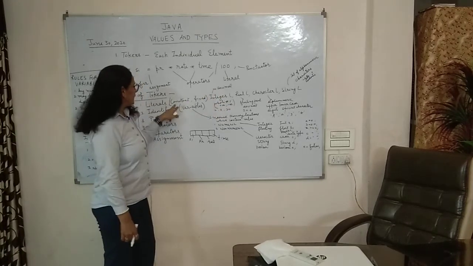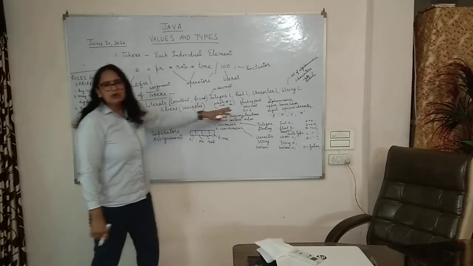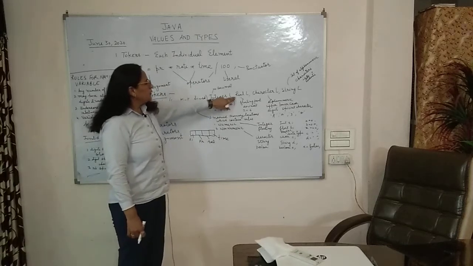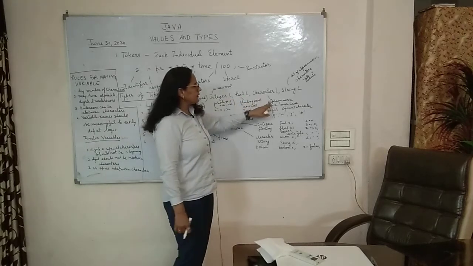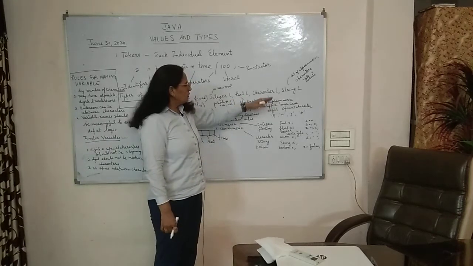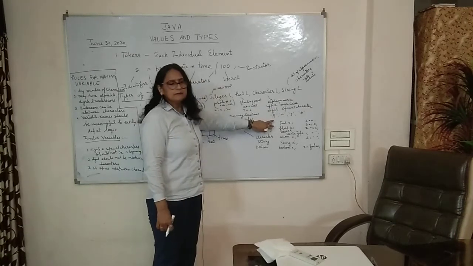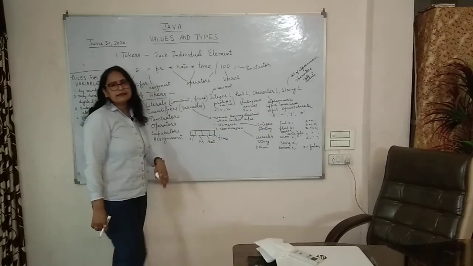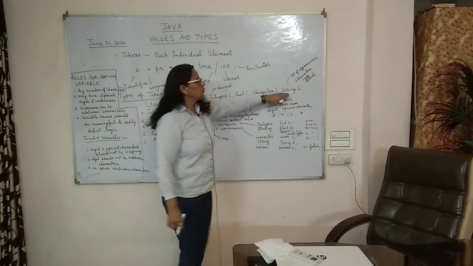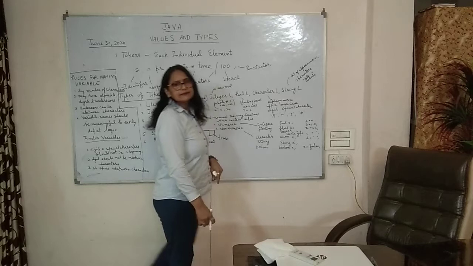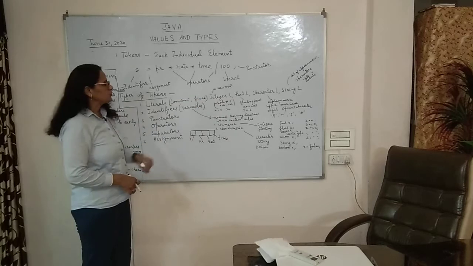As the name suggests, they will be constant, their value will be the same throughout the program. Real literals are floating points where we have decimals, and characters are alphanumerics, where uppercase, lowercase, digits, and special characters all come under character literals. Last is the string literal, where we can store a set of alphanumeric characters, or we can say a group of alphanumeric characters. Those are known as string literals.